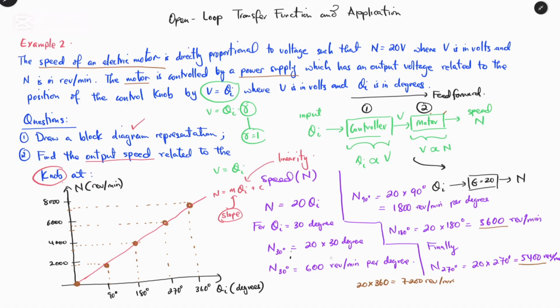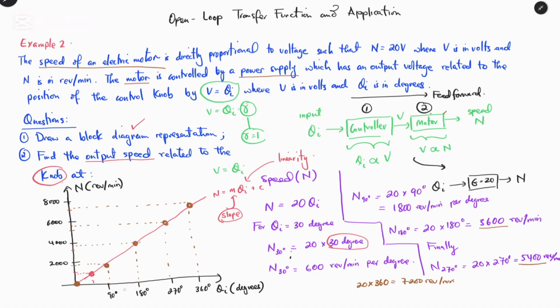So imagine if we have 30 degree, we know that it will be 600, which should be 1000 and 600 should be somewhere here. Every angle theta will correspond to a point on the line of this graph.